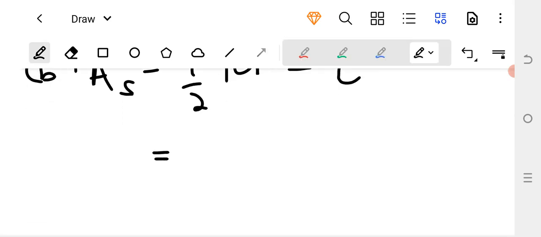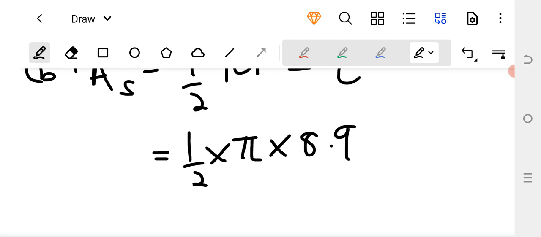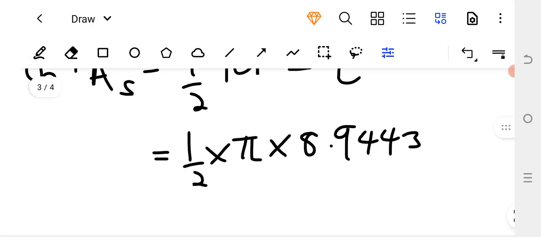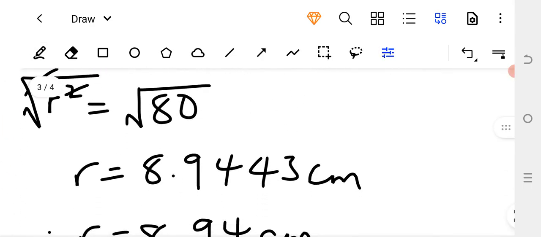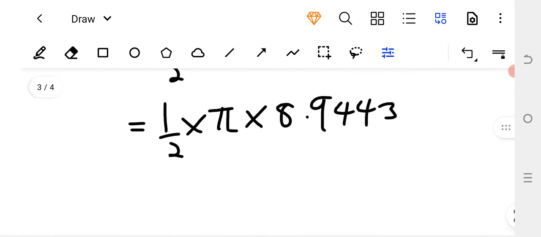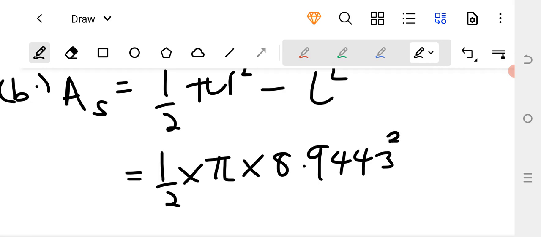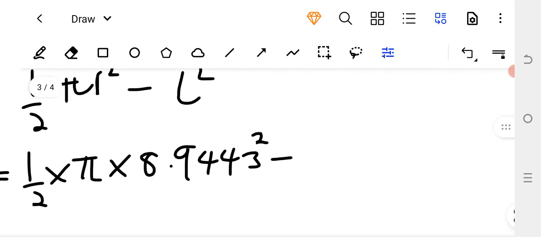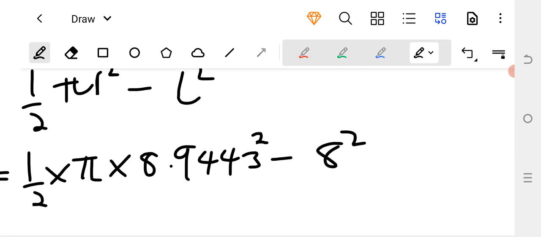So it's going to be half multiplied by pi, which you can just write as pi, we won't approximate it, times r, which we found, 8.9443. Let's just confirm, 8.9443, yes, is our r, which has to be squared, minus L, the length of the square, which was 8 squared.